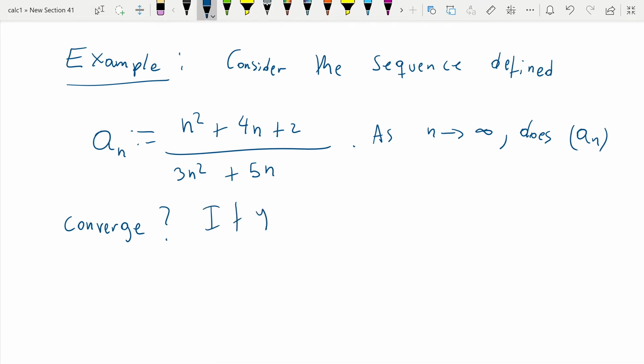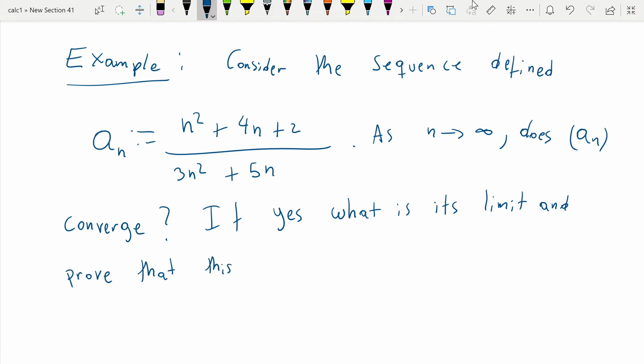If yes, what is its limit, and prove it, and prove that this is indeed the limit.